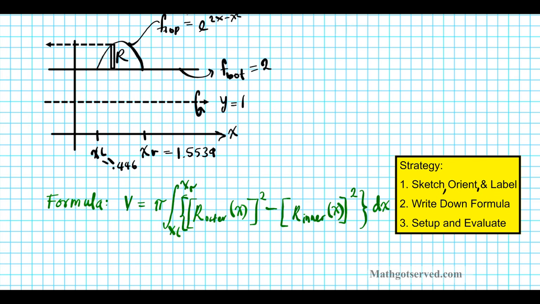So this length right here, that's our outer. Our outer is going to be f top minus 1.